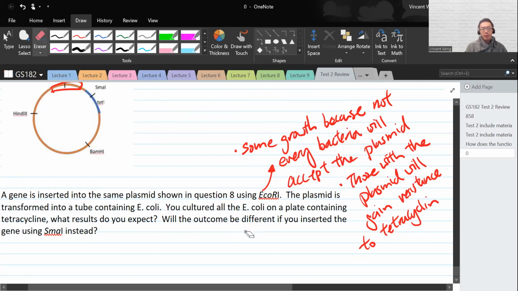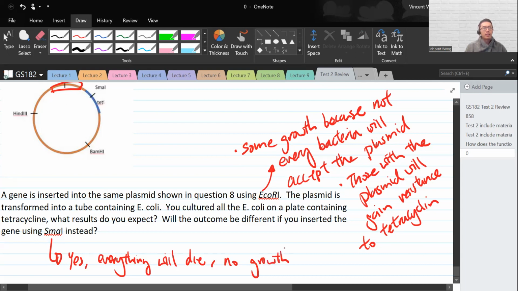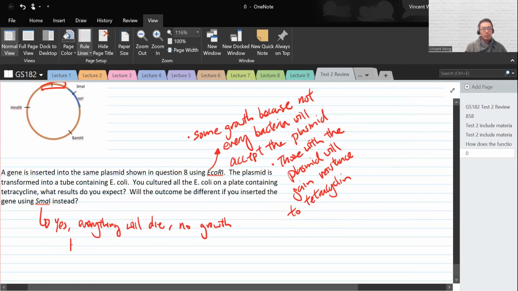Will the outcome be different if you insert the gene using SmaI? The SmaI site is right here, right? Yes. Everything will die. Right? No growth. Even if they accepted the plasmid, there will be no growth. Why? Because inserting with SmaI disrupts the tetracycline resistance gene.